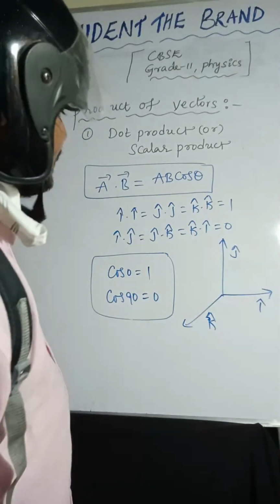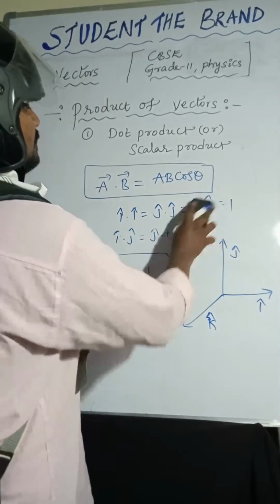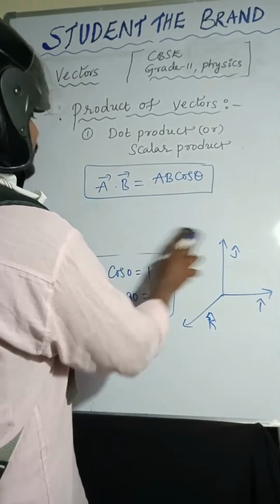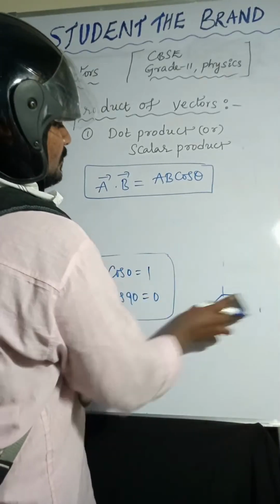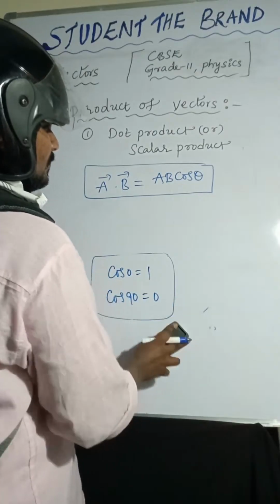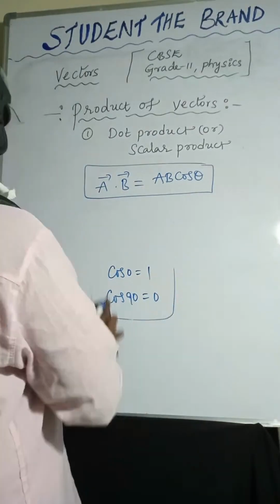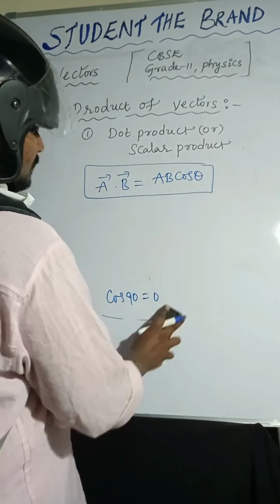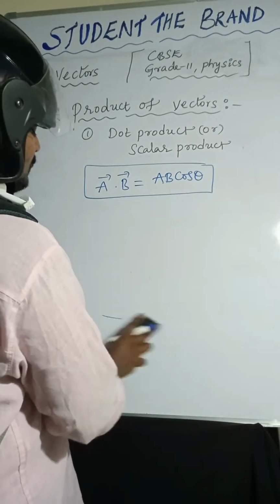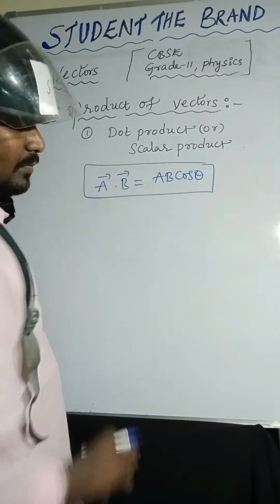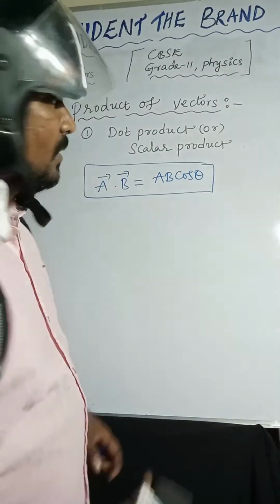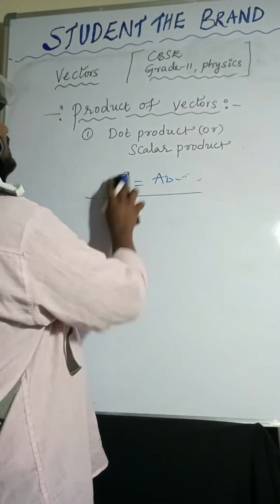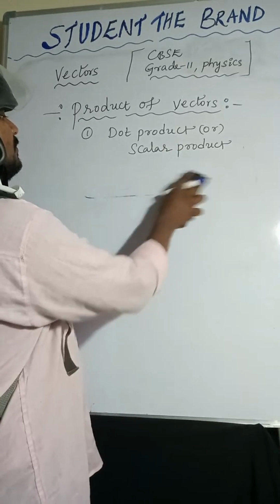So next one, we'll see one more. Along the Cartesian coordinates, we discussed orthogonal vectors now.